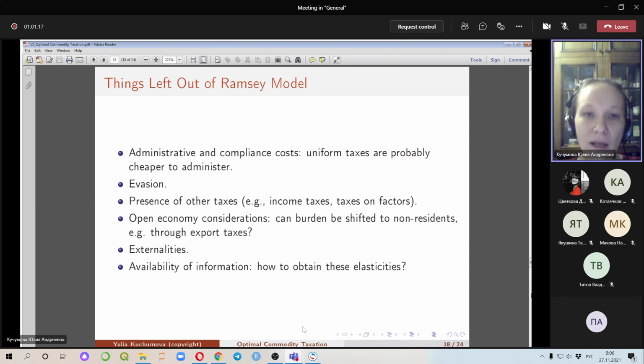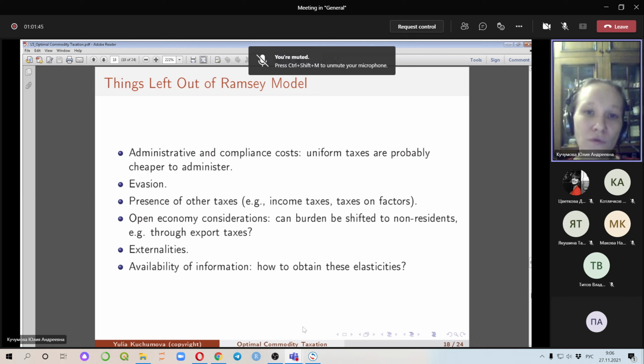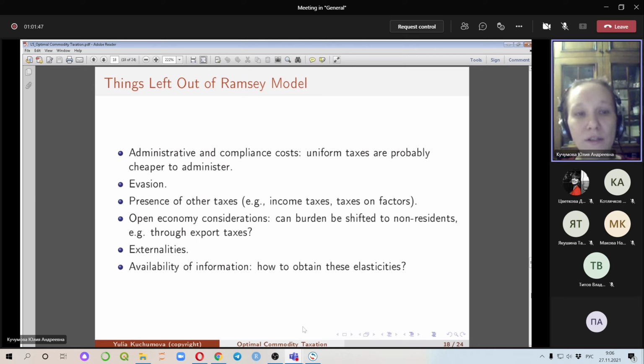But nevertheless, right, this is a very insightful model, but it's still a model, meaning that it has some drawbacks, or some things that are left out from the model. And this is also a way to understand why there is this disconnect between our prediction from the Ramsey model and the practice we have, right?